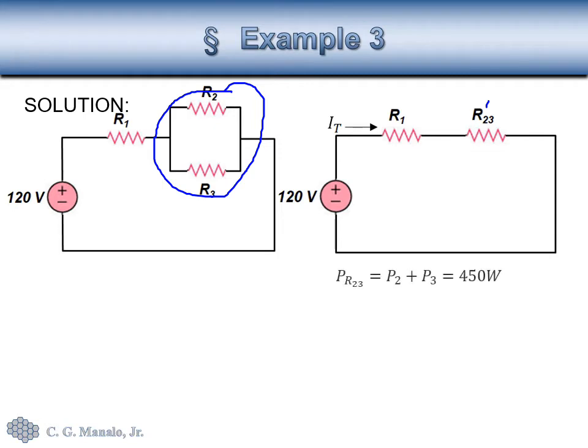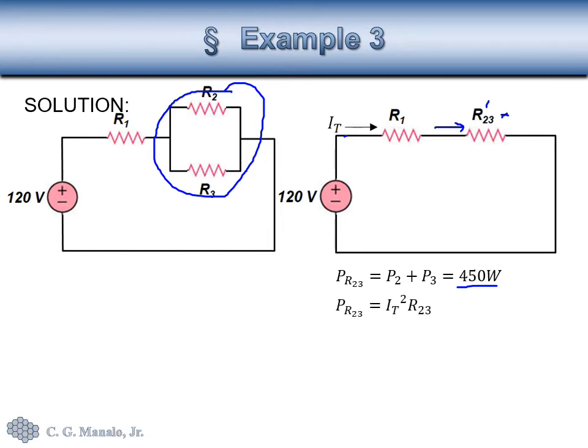And we note that since this is the combination of the two resistances, the power absorbed by this resistance must be equal to the power absorbed by R sub 2 and R sub 3, and that will give us 450 watts.